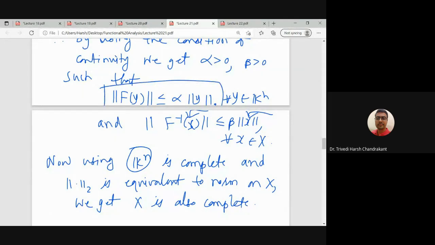Whenever we have a Cauchy sequence in X, that will give a Cauchy sequence in Y, and that Cauchy sequence in Y converges because Kn is complete, and that will give us the corresponding sequence in X which is complete.